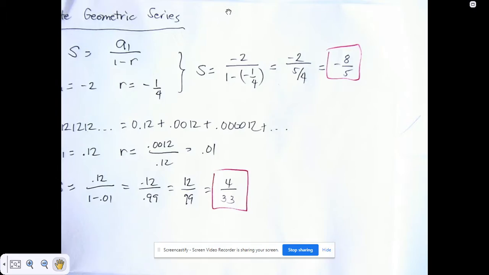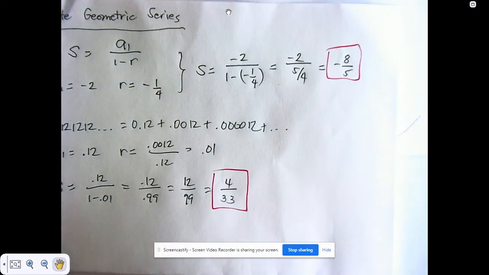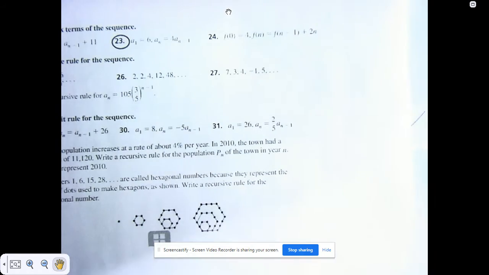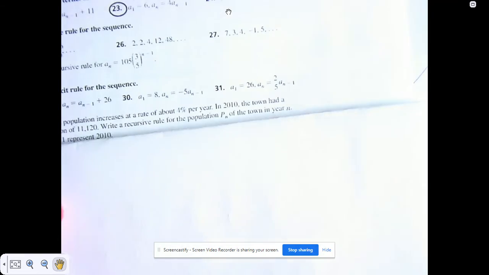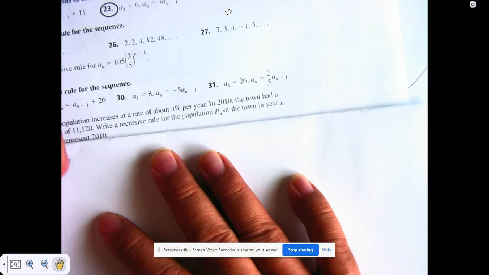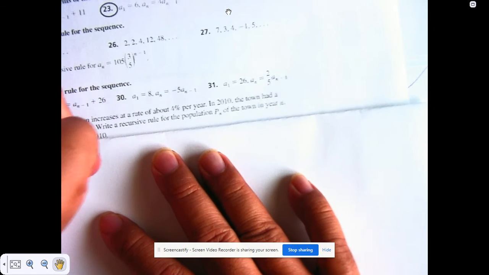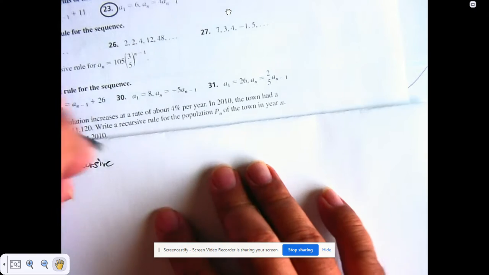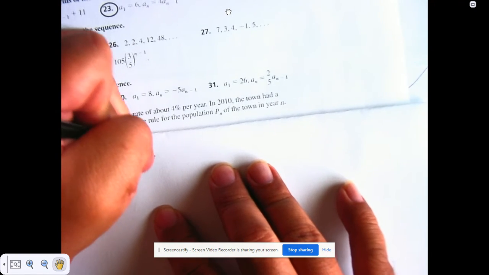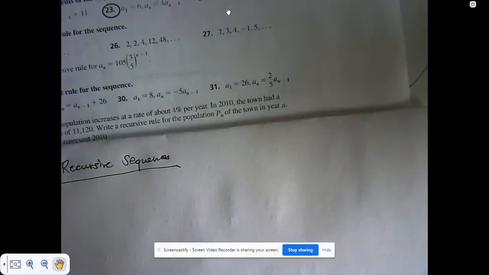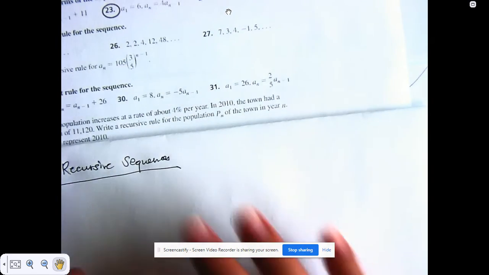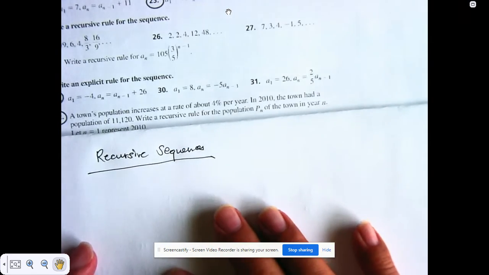And the last ones are about recursive sequences. Write the first 6 terms of the sequence.